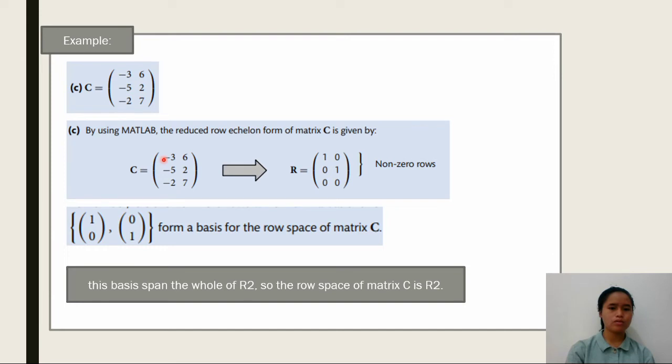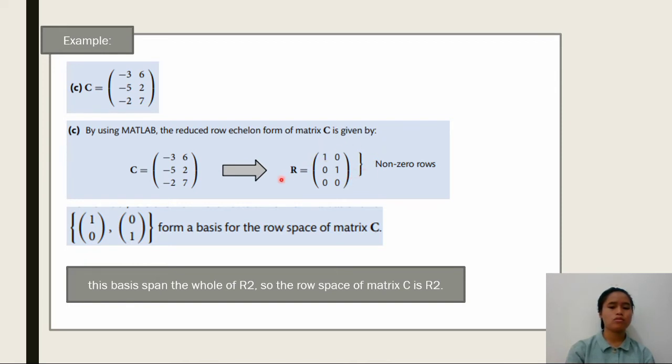Example 2. We have a matrix C. By using MATLAB, the reduced row echelon form of matrix C is given by these non-zero rows.